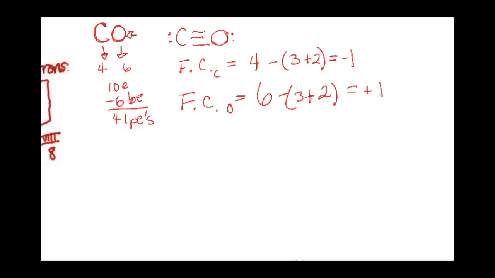Alright? So the net charge of these two gives me a 0 charge as we wanted. So yeah, that's going to be a valid Lewis structure right there. Even though it has 2 formal charges, all the other ones didn't even match up in electrons. And that's a fundamental part of it.